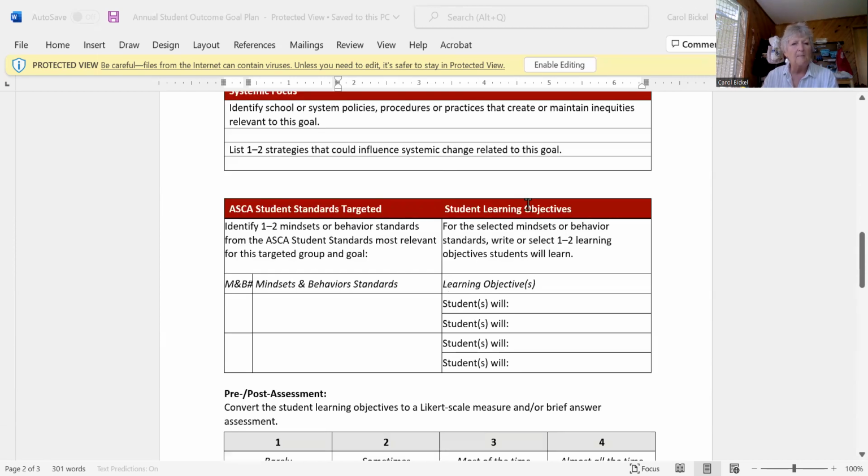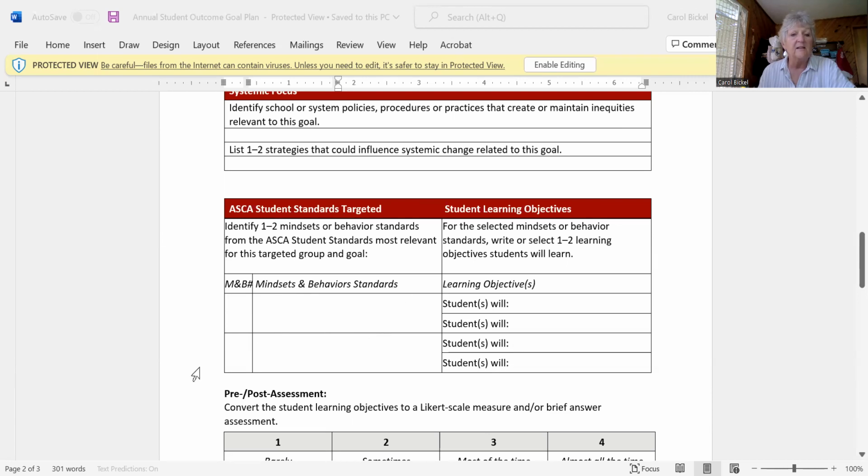The more important part comes below this, and that is student standards that are targeted. Identifying 1 to 2 mindsets or behavior standards from the ASCA Student Standards on page 3 of the National Model book, relevant for this targeted group. And you would have both the mindset and behavior listed here, and it could be 2 different ones.